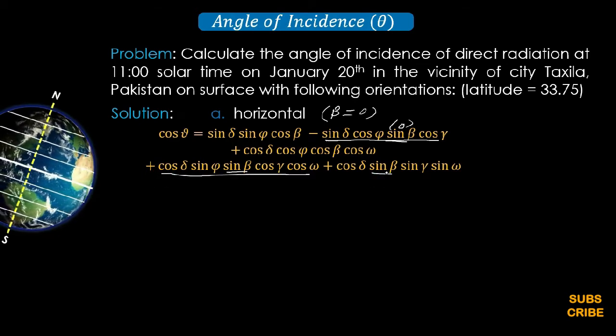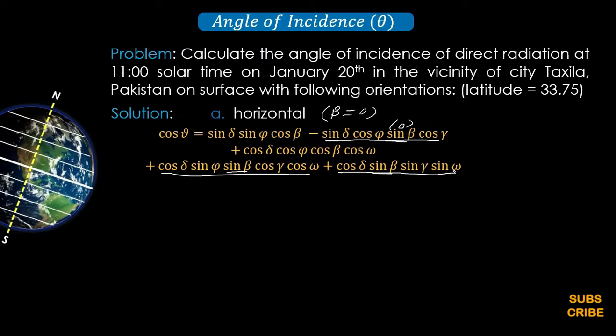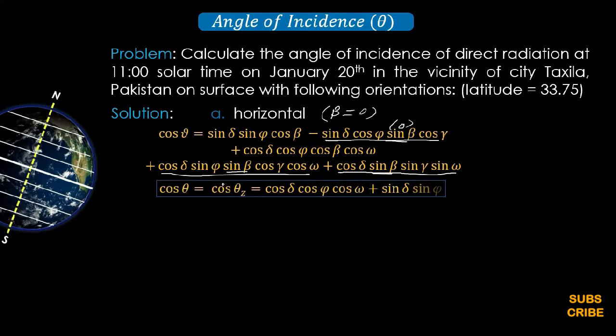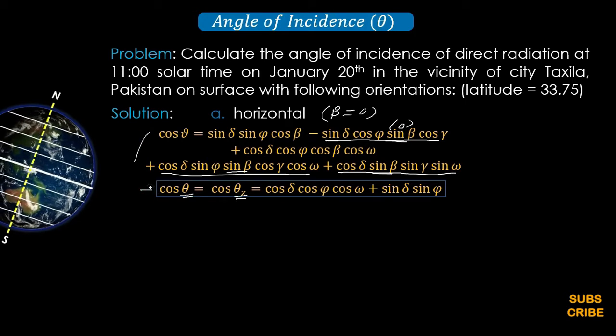Again we have sine beta here, so this term would also be 0. So instead of using this generic expression for the angle of incidence, we would be using the reduced expression where the angle of incidence theta is equal to the zenith angle.